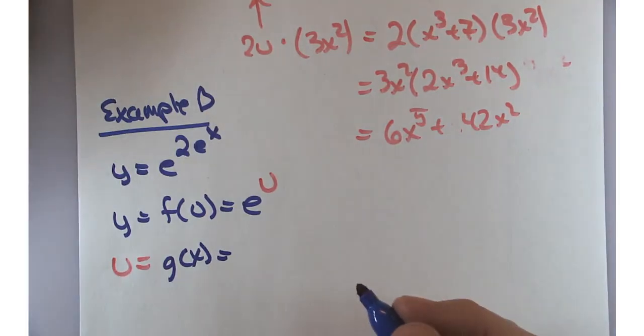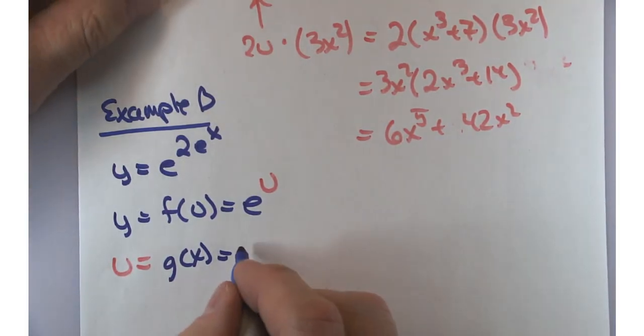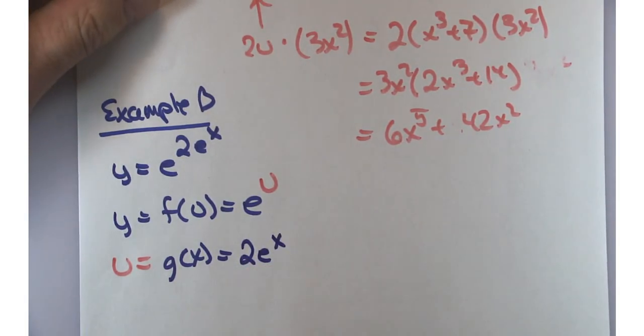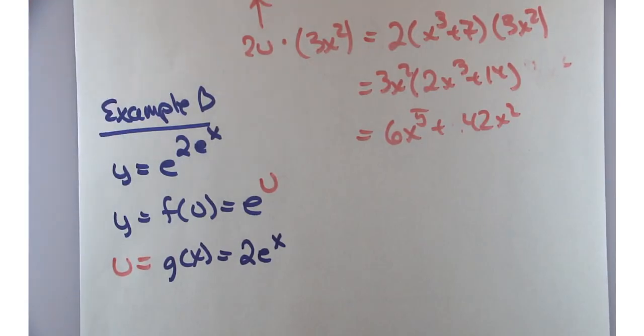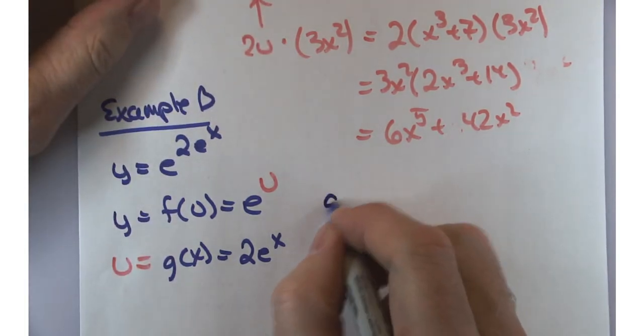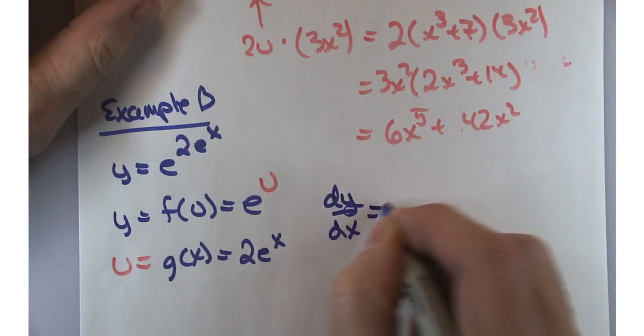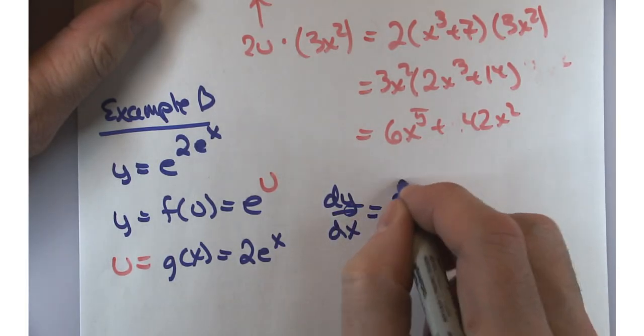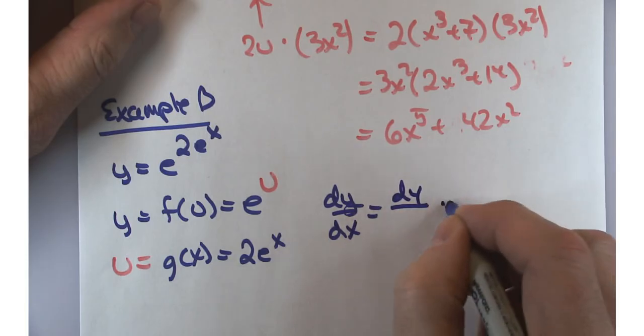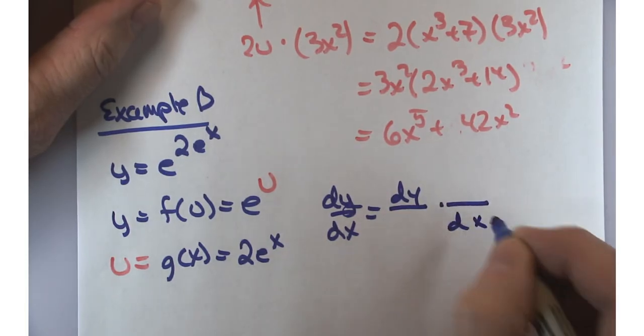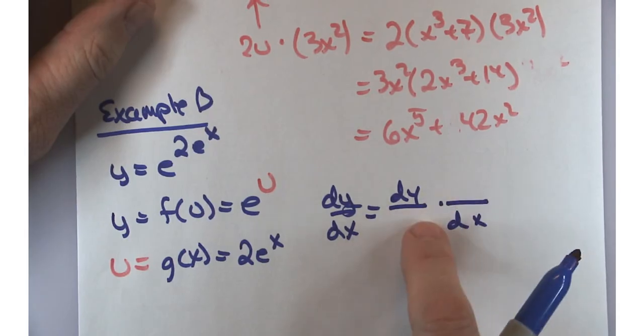What's g of x going to be in this case? Yeah, thank you, Christian. 2e to the x. Great, so you got your outside function and then your inside function. If we were to differentiate this, then dy by du, or excuse me, dy by dx, see if you can't fill in these two things here for yourself.